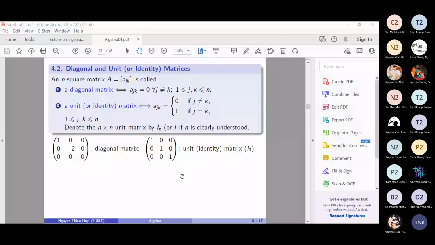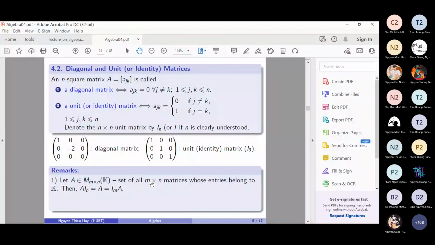So now let me note shortly. The first remark, exactly as what I already wrote on the whiteboard: A multiply I_n equals A equals I_m multiply A. This is what I already wrote on the whiteboard. And secondly, in case m equals n, we have another notation.